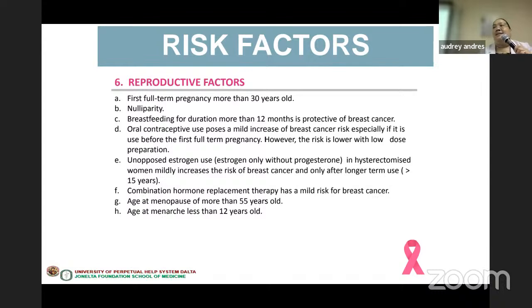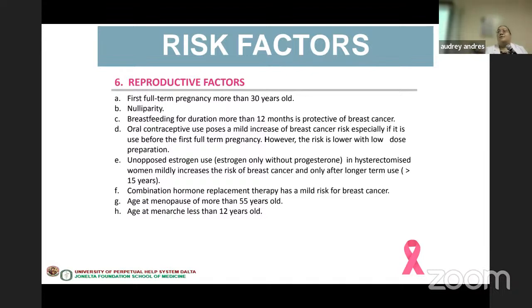First pregnancy occurring after 30 years old, nulliparity, breastfeeding, oral contraceptive use, unopposed estrogen use, hormone therapy, age of menopause more than 55, age of menarche at 12 years old.